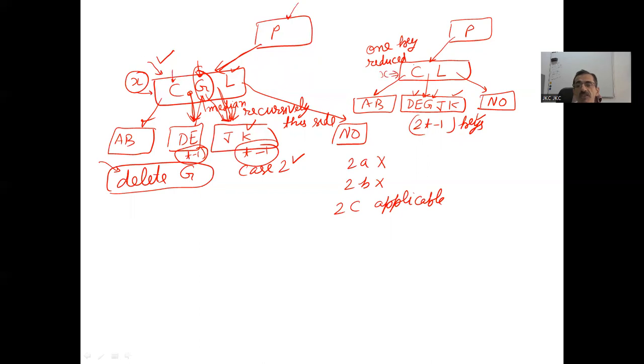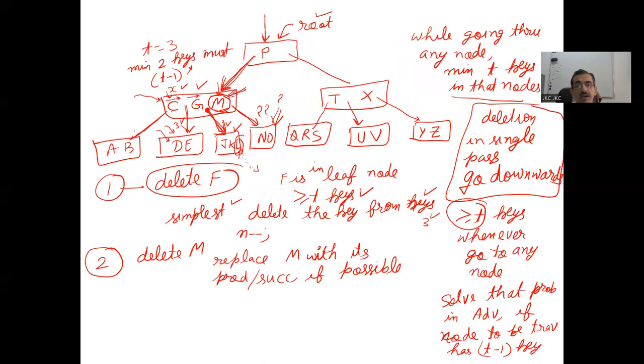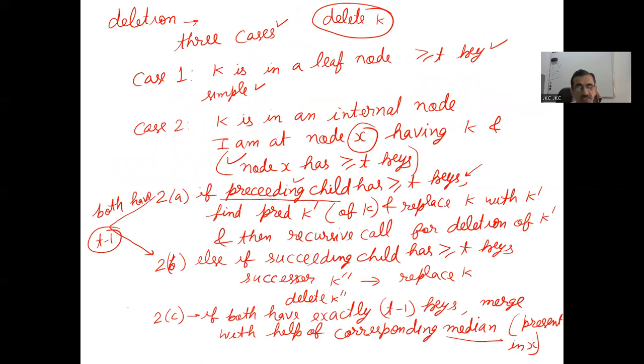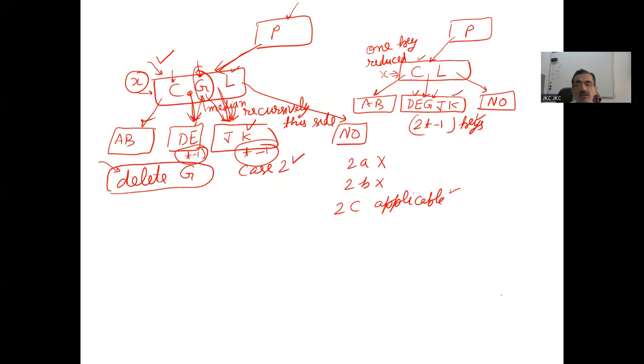So this works perfectly fine. This is called case 2C, where the merging will happen. Similar to insertion, where a split happened, here it's a merging of the children. I'm doing merging of children so that the median can be supplied in the current node without additional disk access.